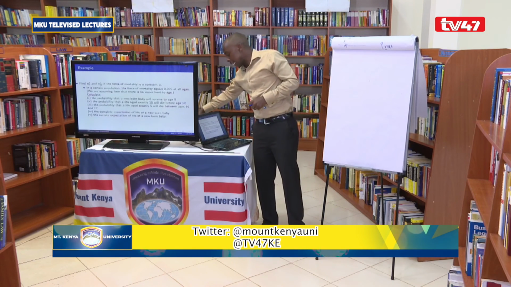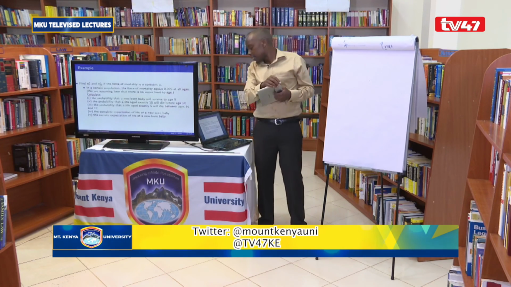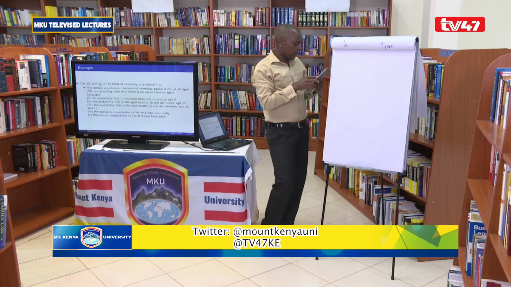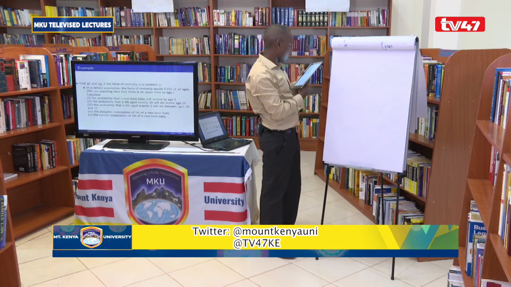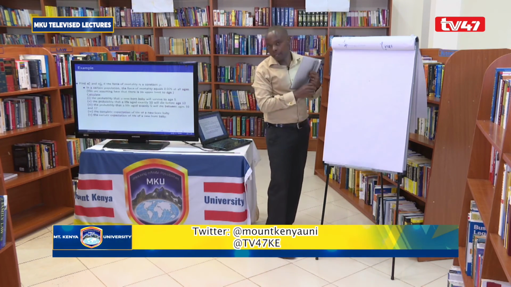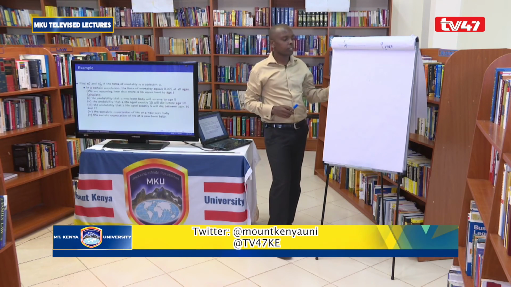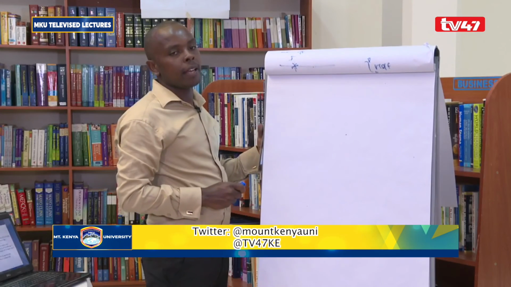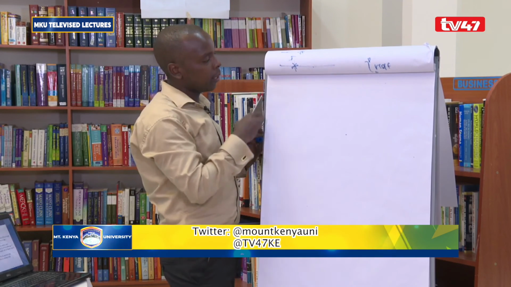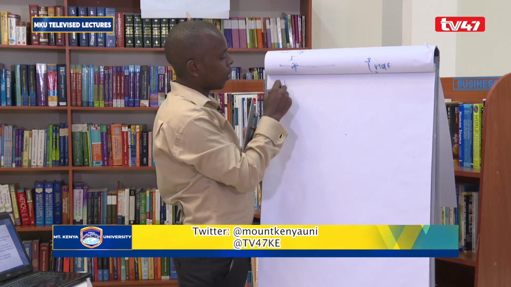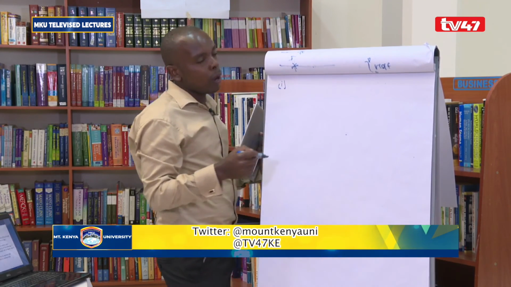So the first one, to find the probability that a newborn baby will survive to age 5, we need to write our expression in terms of the actuarial notations. So how do we write that?